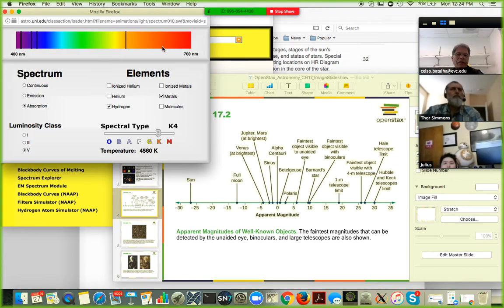You might see some, but it's barely there. It's very, very narrow. Now, what if you add molecules? Ooh, now I can see molecules, especially if you go to lower temperature. Now molecules will appear. How about ionized? Nothing. How about helium? Nothing. How about ionized helium? Nothing.